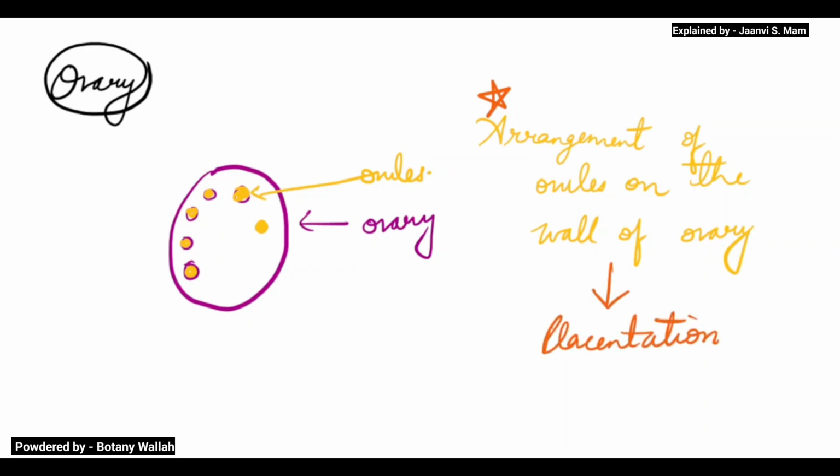You might have studied this in the 11th standard morphology chapter. So this is the process of arrangement of ovules on the ovary. It is known as placentation. Now let's speak about the structure of the ovule. Let's speak about the structure of the anatropous ovule.